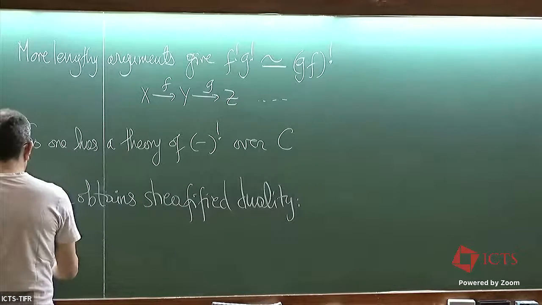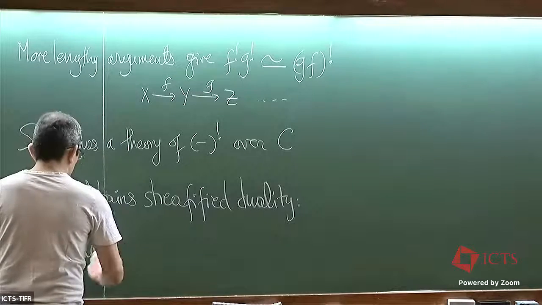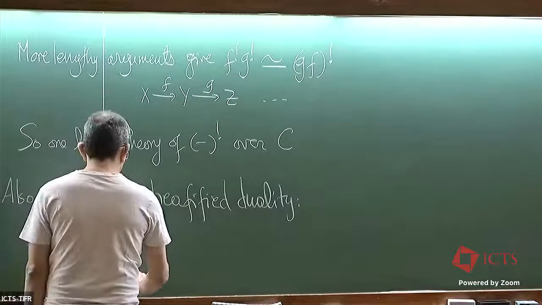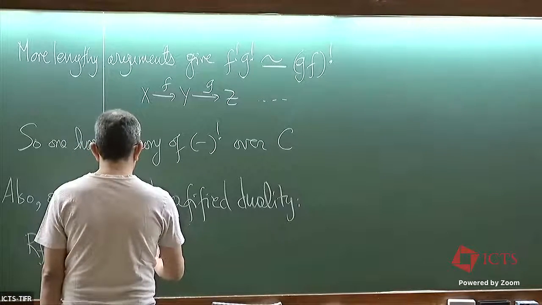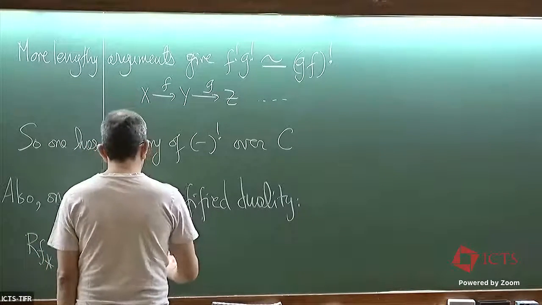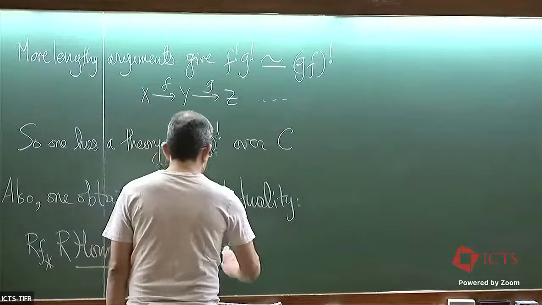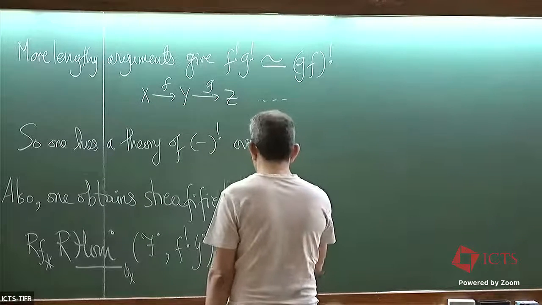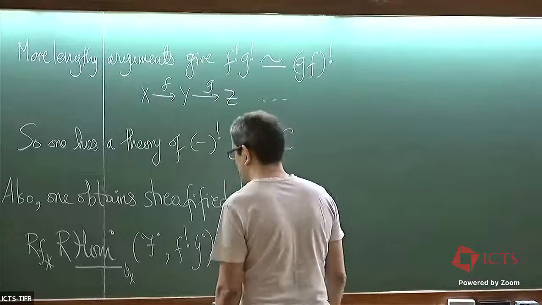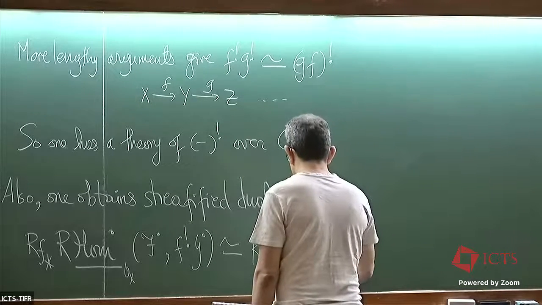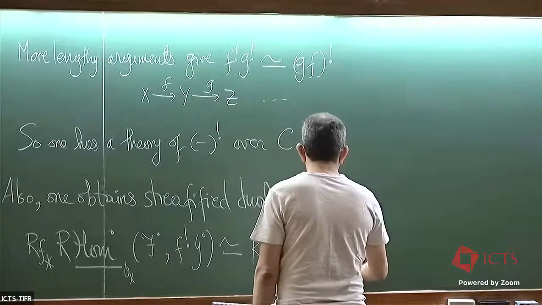So you have RF lower star, R sheaf Hom dot, OX, and then F dot, comma, F shriek G dot is isomorphic to R Hom dot OY, RF lower star F dot, G dot.